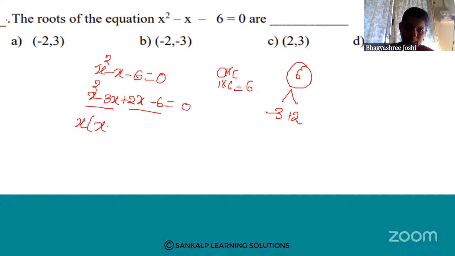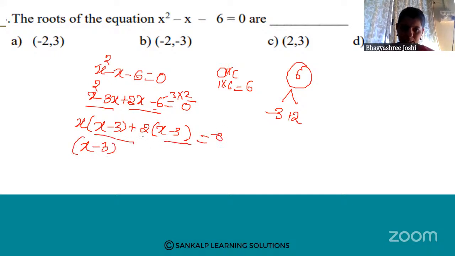So x into x minus 3 plus 6 can be written as 3 into 2. Here 2 is there, here 2 is there. Therefore, 2 is common. I will take 2 common. x minus 3, x minus 3 equal to 0. So this is one factor and this is another factor. x minus 3, x plus 2 is equal to 0.